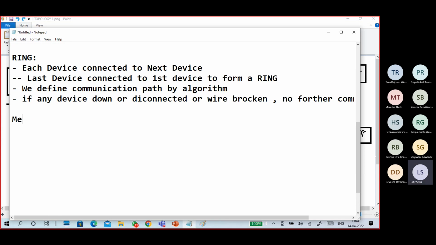What is mesh topology? Each and every device is connected together.